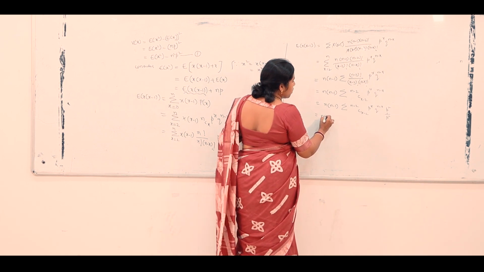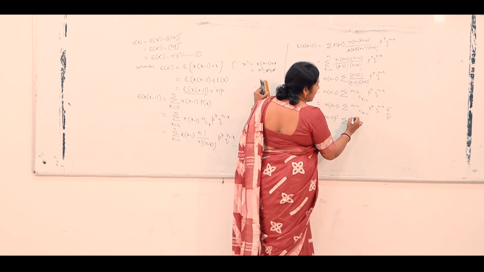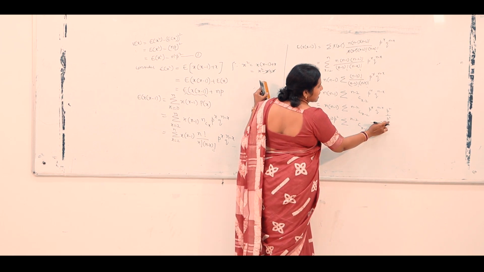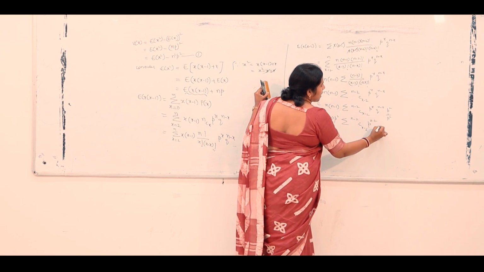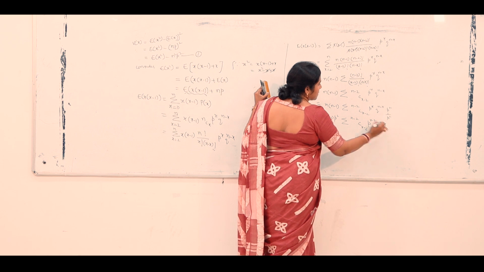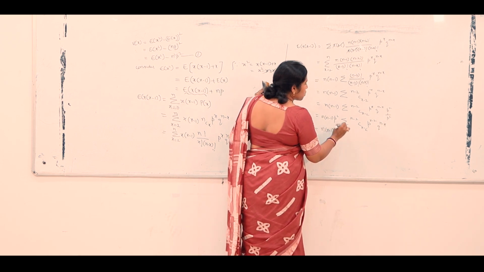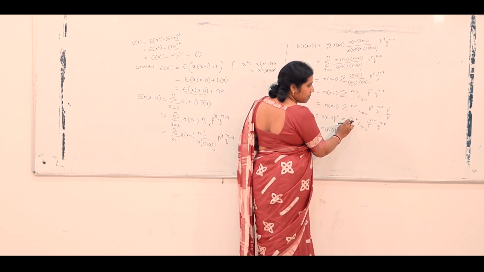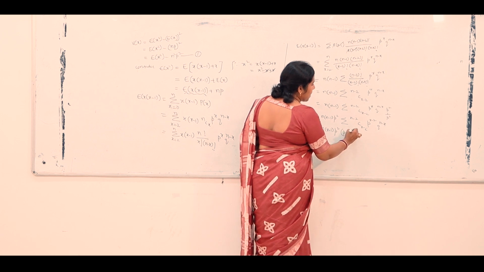So n into n minus 1 p square summation n minus 2 C x minus 2, p power x by p power 2, p power x minus 2, q power n minus x. So according to the formula, what do you get? p plus q whole power n minus 2.